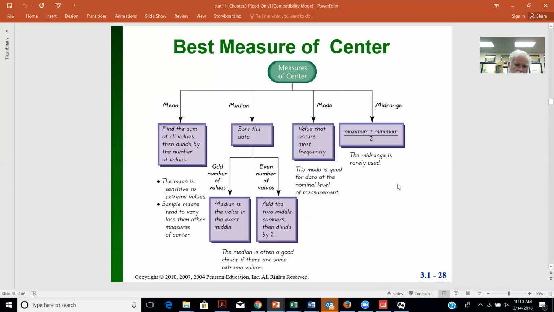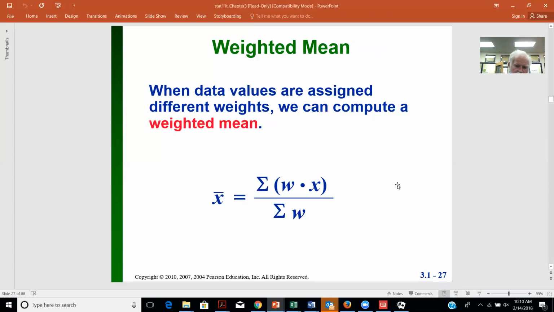All right. Then we have something called a weighted mean. Sometimes data can be, depending on what you are looking at, weighted. An example in the textbook was a question of how you would calculate, say, an average income in the United States.